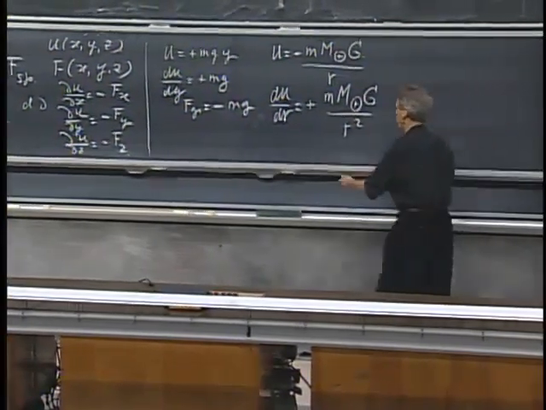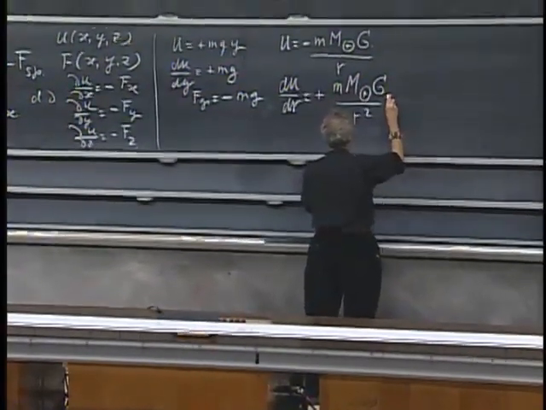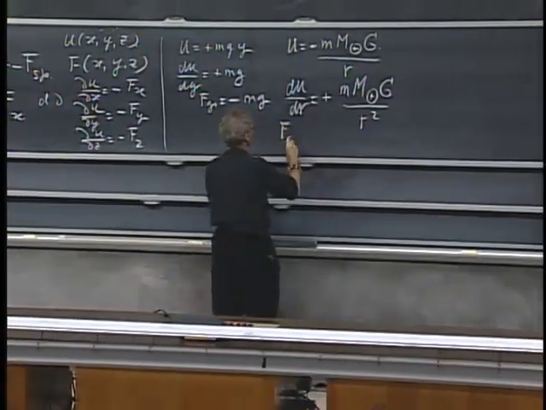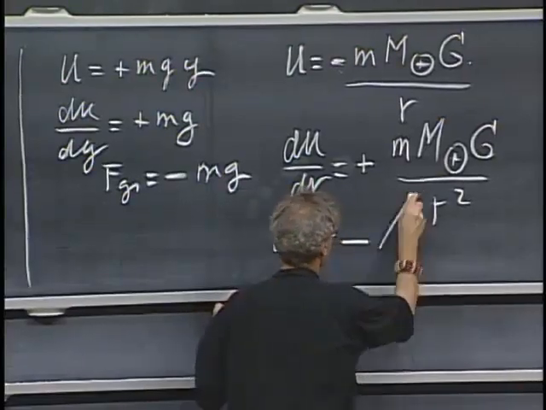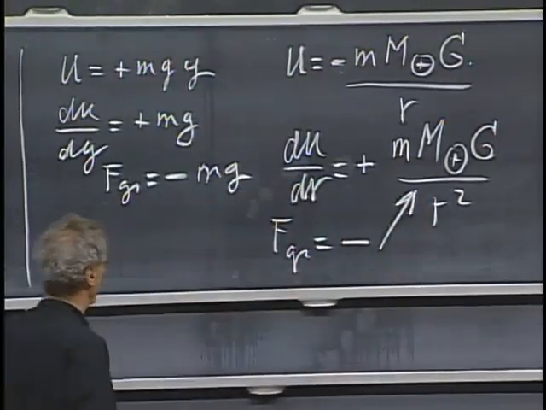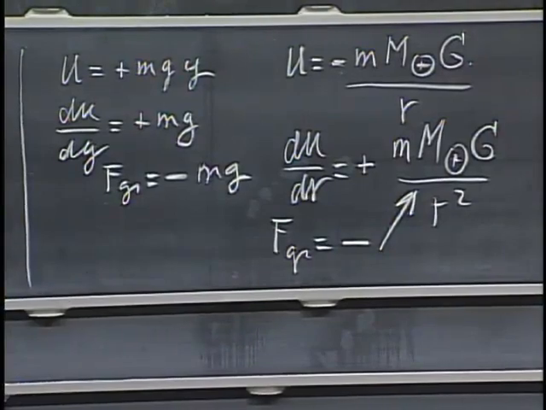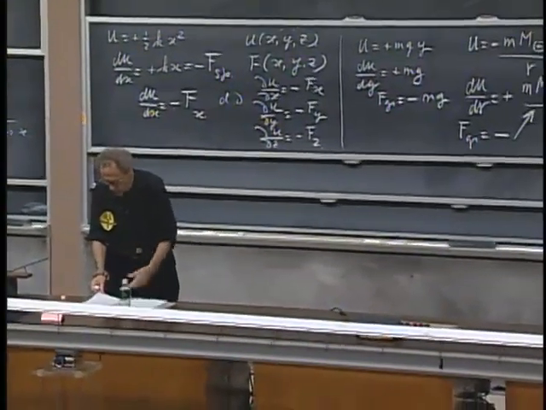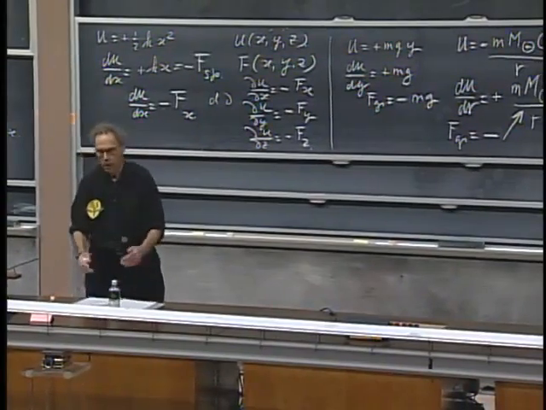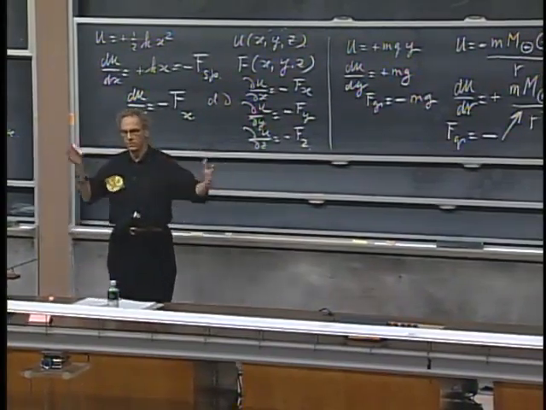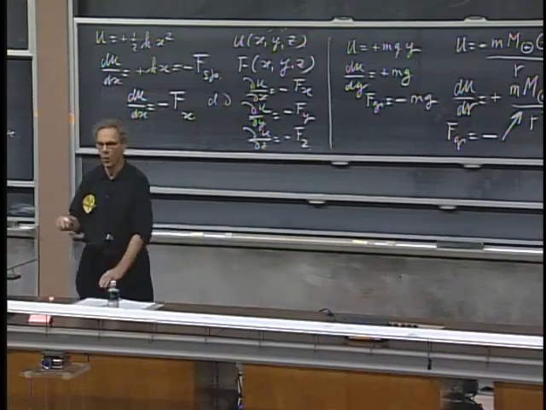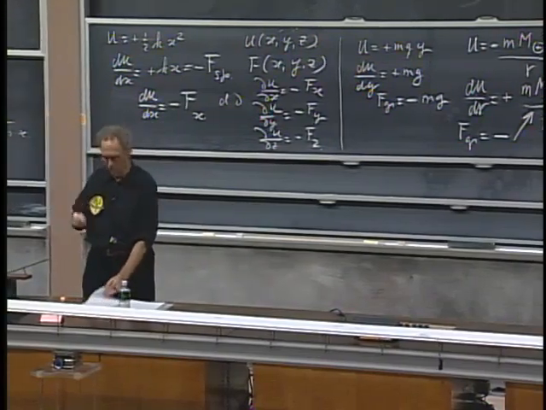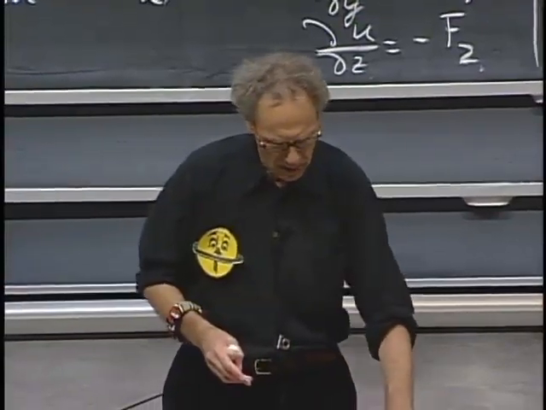So the gravitational force equals minus that. It is minus dU/dr, and indeed, that's exactly what we have there. So whenever you know the potential as a function of space, you can also always find the three components of the forces in the three orthogonal directions.